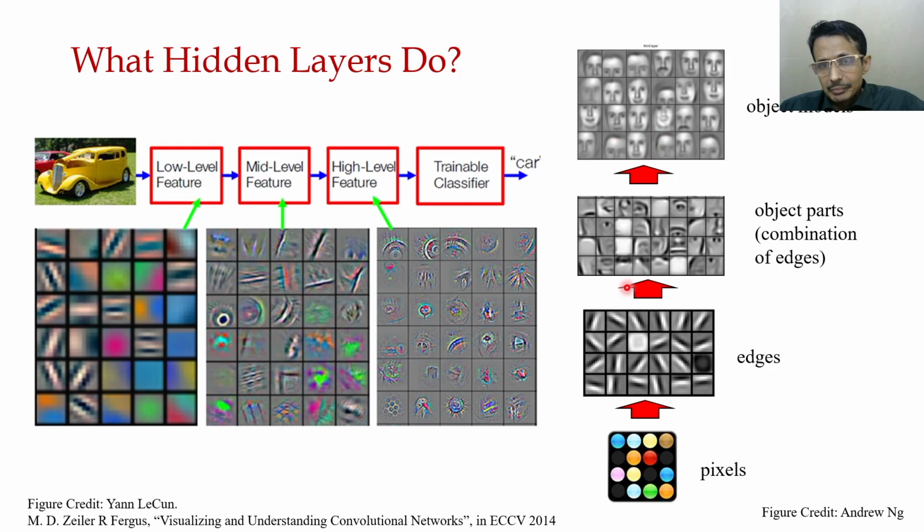A similar example here is a face recognition task. These are the image pixels. Now here are the edges, you can see; this is the first initial layers. And next, the mid-level features are some parts of the objects: some part of eyes, mouth, nose, eyebrows, and something like that.